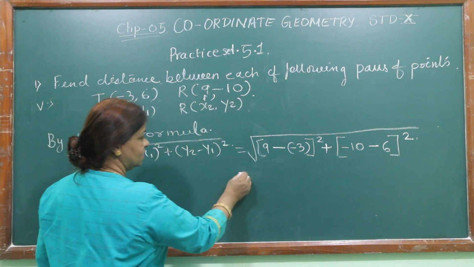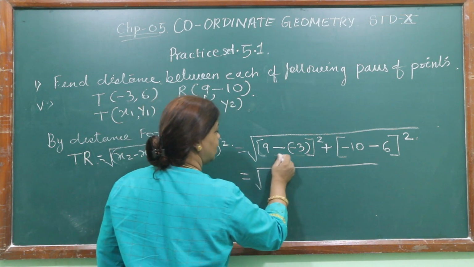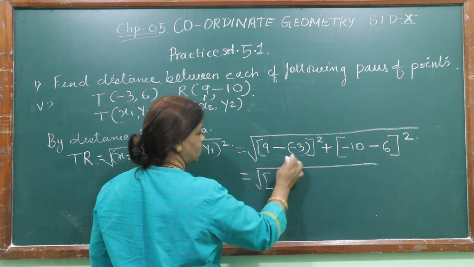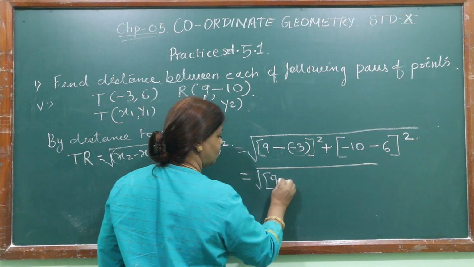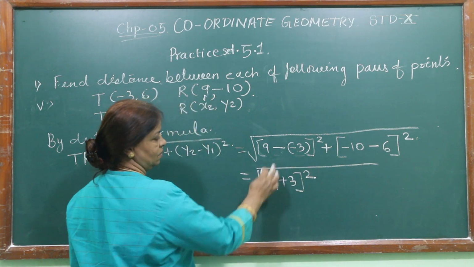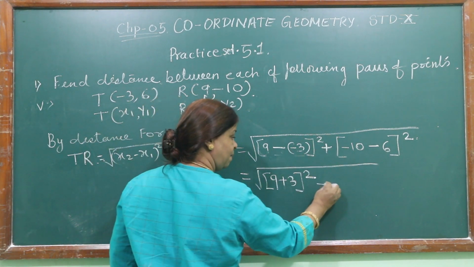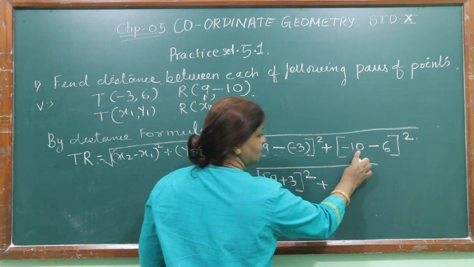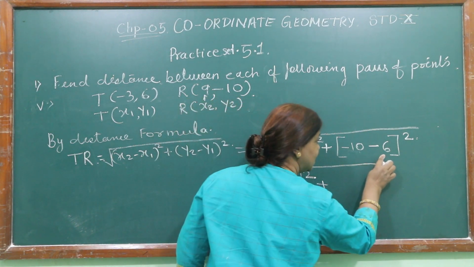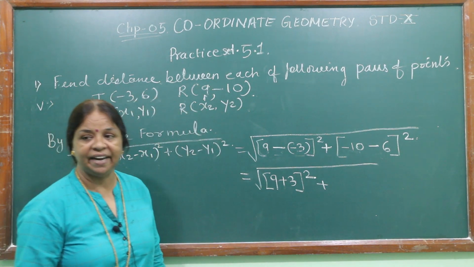What are we getting here? Under the root, first we will solve inside of the square. 9 minus minus will become plus 3 and then square, plus. One is minus 10 and another one is minus 6. Both are having minus sign, so both will be added.